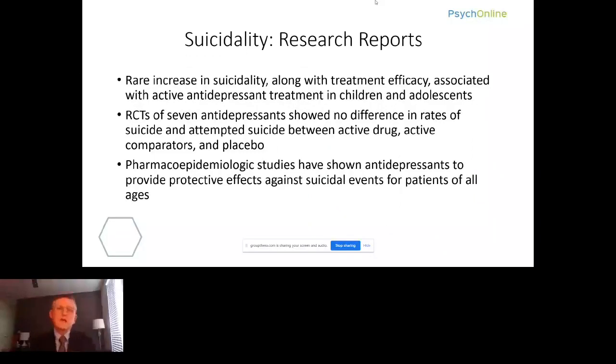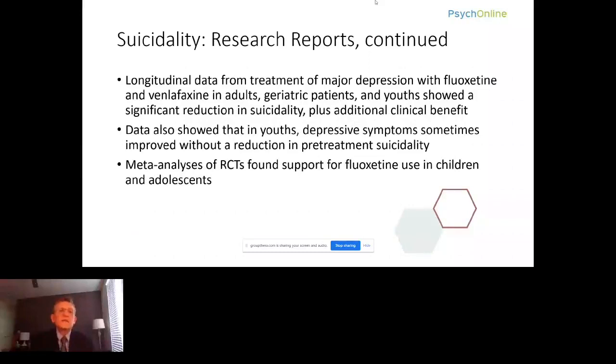So what we have learned is that there's a rare increase in suicidality along with treatment efficacy associated with active antidepressant treatment in children and adolescents. We know in random clinical trials of 7 antidepressants, there was no difference in the rates of suicide and attempted suicide between active drug, active comparators, and placebo. Pharmacoepidemiological studies have shown antidepressants to provide protective effects against suicidal events for all patients of all ages.